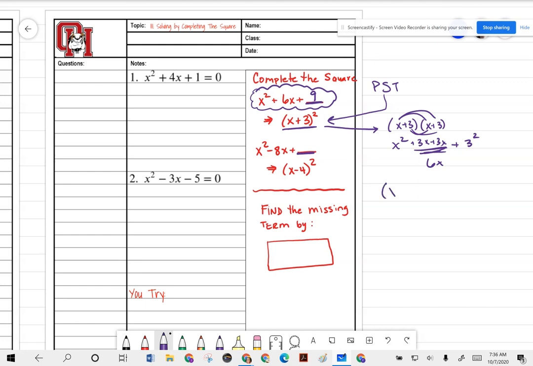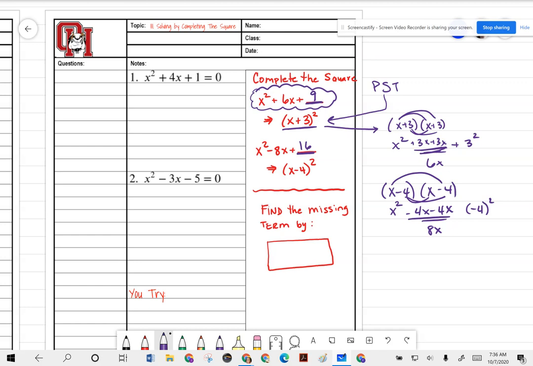Think about it like this: x minus 4 times x minus 4, we get x squared, we get minus 4x and minus 4x, and that's why we get the 8x. And then obviously here we have a negative 4 and we're squaring it, so that's going to give me 16.